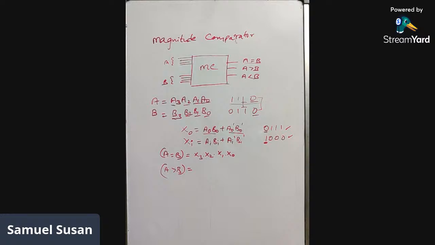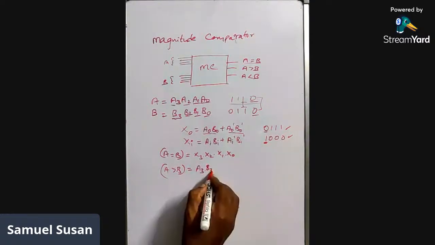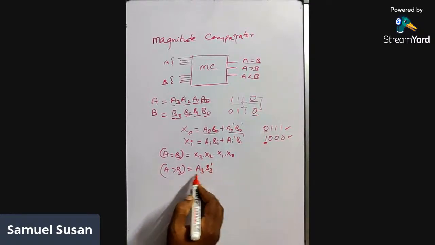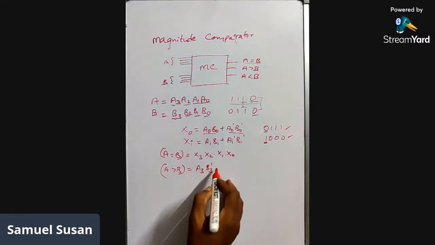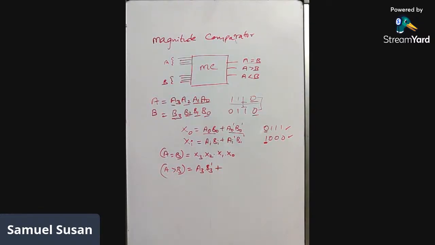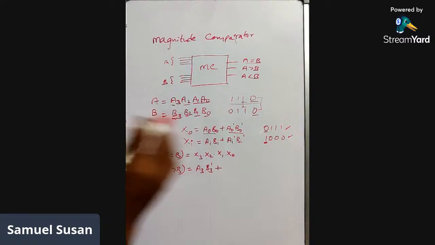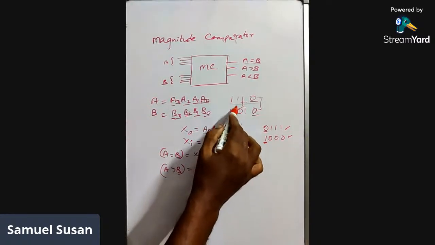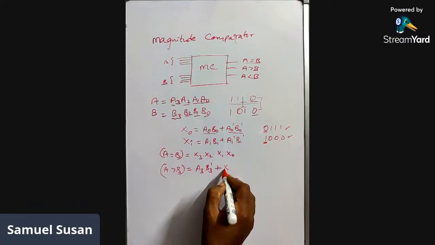So if A3 is 1 and B3 is 0, we write A3 B3', because if A3 is 1 and B3 is 0, B3' will be 1. We can conclude that A is greater than B. Or, for example, assume that the first two bits are same. If the first two bits are same, x3 will be 1.